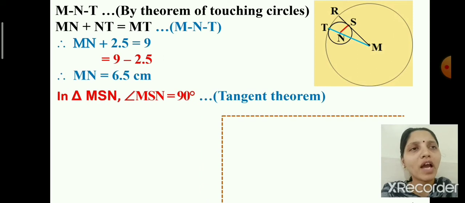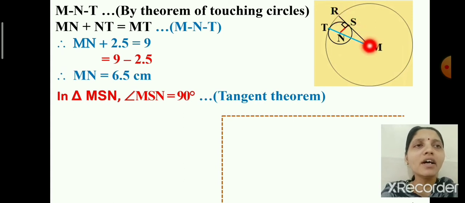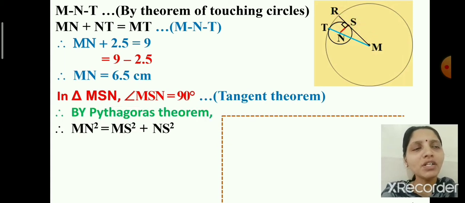Now we have to consider triangle MSN. So in this triangle, what you can write? Angle MSN is equal to 90 degree because NS is the radius and MR is the tangent here, and we know that any radius is perpendicular to the tangent by tangent theorem.